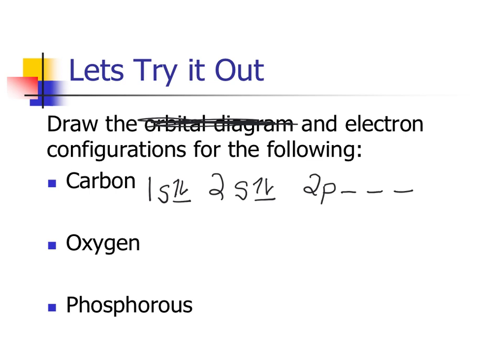And now for Hund's rule, we space them out so that they each have their own space, and we go from there.